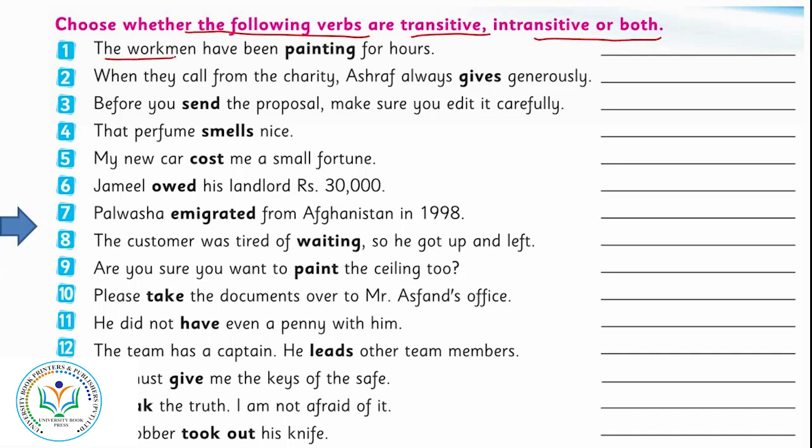The working men have been painting for hours. We don't have an object here, so it is a what? Yes, intransitive here. When they call from the charity, Ashraf always gives generously. Again हमारे पास object नहीं है, so it is again the intransitive.